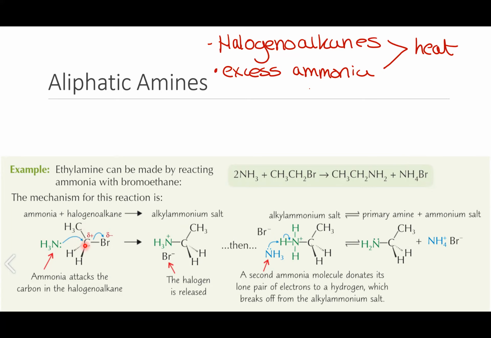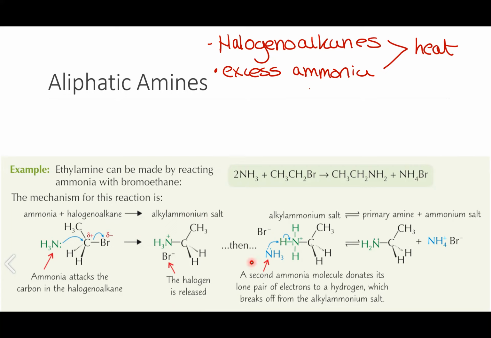Because of that, the bond between the carbon and the bromine breaks, and the halogen is released as an ion. Then we get an alkyl ammonium salt being made, with the halogen released.